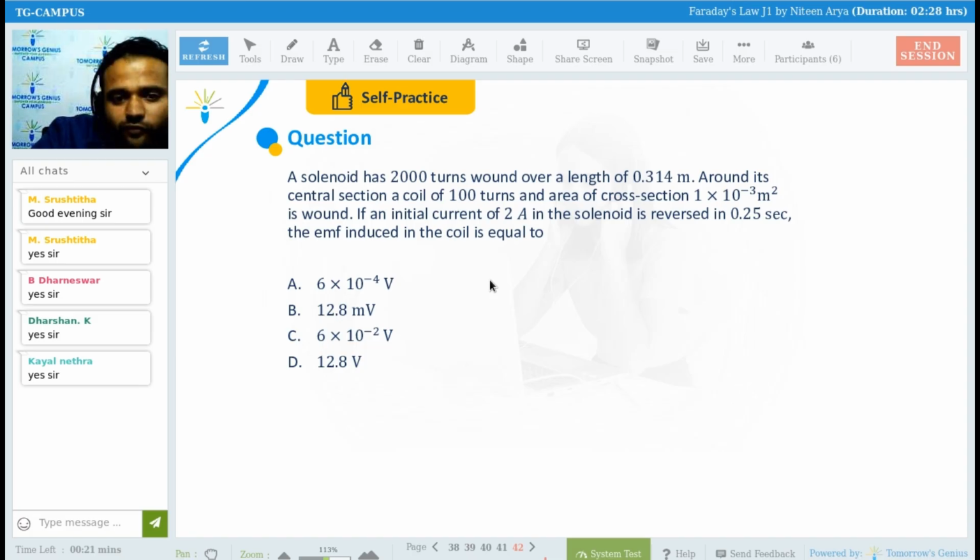Magnetic field for a solenoid is mu naught N i divided by L. So find the magnetic field first, then magnetic flux, which is N prime B A, then induced EMF, which is d phi by dt, which is d by dt of N prime B A. Here B is going to change, t is there, everything is given. So tell me the answer.